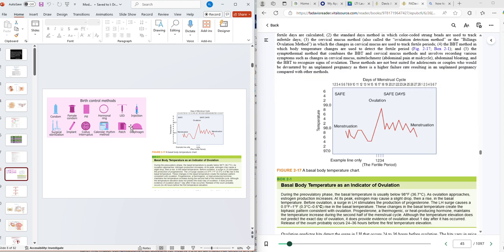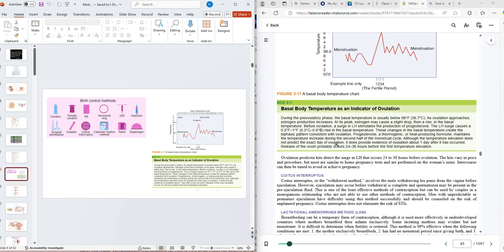But the different birth control methods: condom, female condom, the pill, OCP is your oral contraceptive pill, hormonal ring, IUD, injection, which is like your Depo-Provera shot, surgical sterilization, implant like your Nexplanon, coitus interruptus, calendar, rhythm method, patch, and diaphragm.